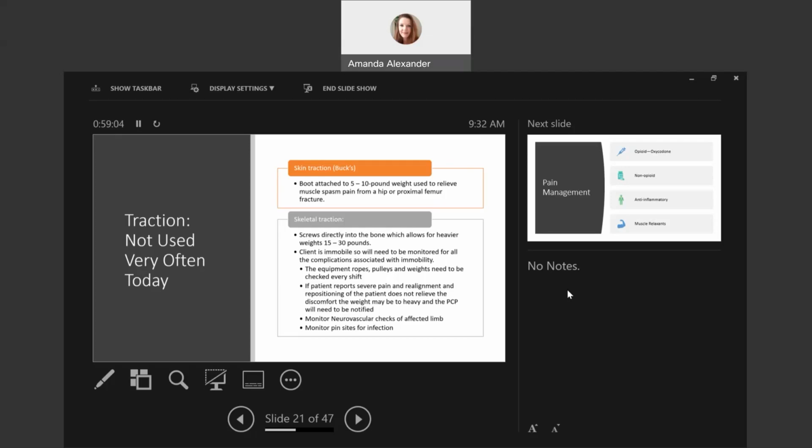So you want to clean the area most affected by the pin out away from the site. Never ever use a cotton ball or anything that can break and shear into the pin site, because if these fragments of gauze or cotton ball are left behind, then that sets the patient at risk for infection.